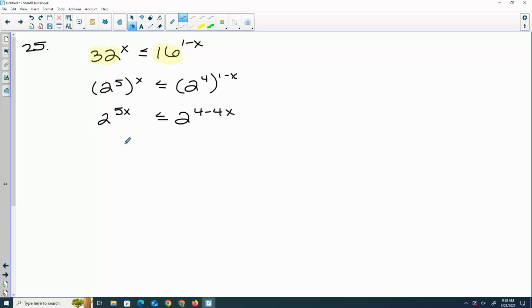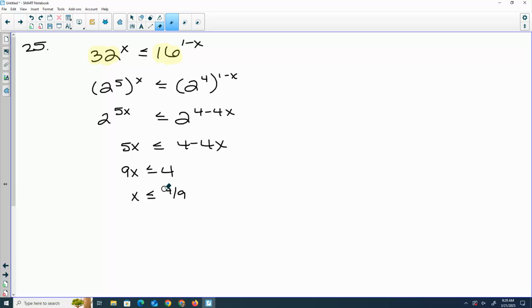Since my base is bigger than 1, I can just drop the exponents and keep my inequality as it is. That's why we want that base to be bigger than 1. So if I add over my 4x, divide, I get x is less than or equal to 4/9.